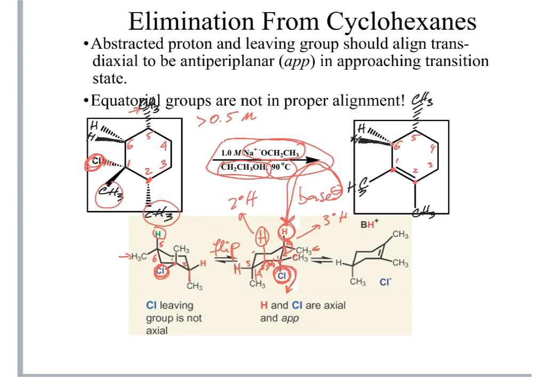Zaitsev product happens to be tetra-substituted because I have 1, 2, 3, 4 groups attached to the double bond. So I can designate this as Zaitsev tetra-substituted alkene.